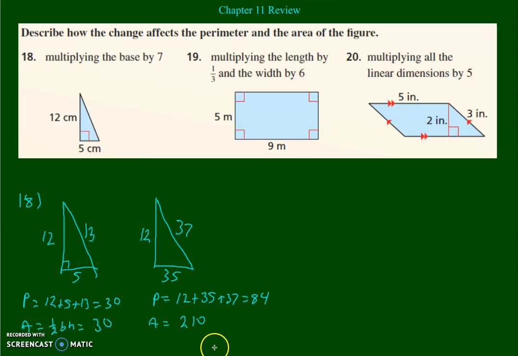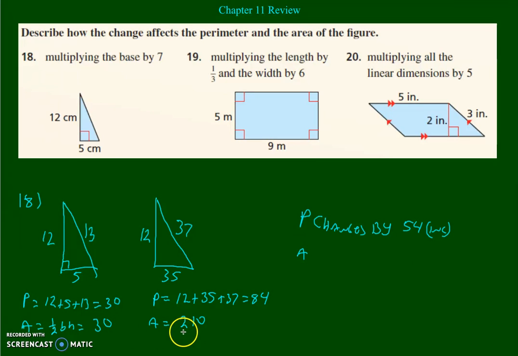So here, the perimeter changes by 84 minus 30, 54 units. It's an increase of 54 units. The area changes by a factor.